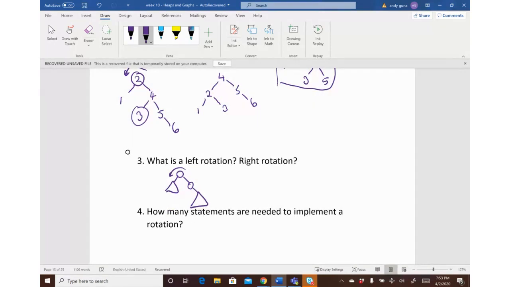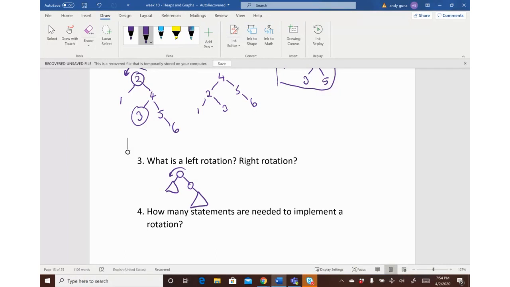So how many statements are needed to implement a rotation? Like if you write the code to implement a left rotation or right rotation, how many pointers do you manipulate? 3 pointers. Someone said 3 pointers. Someone said 4.